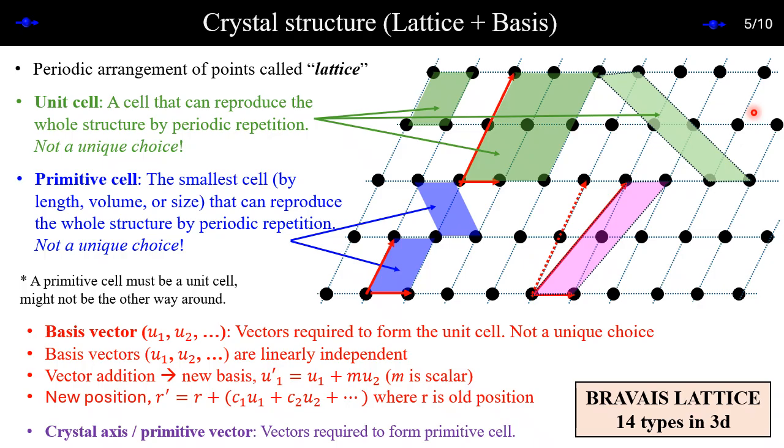We will not get into that, but just for your information, there are only some groups possible. In 3D, there are 14 such cases, and in 2D, there are 5. We'll start, of course, with 2D because that's easy to visualize.